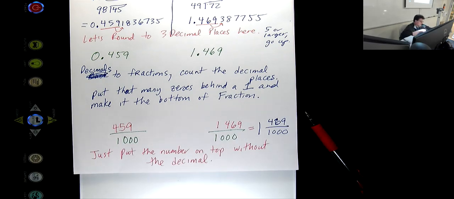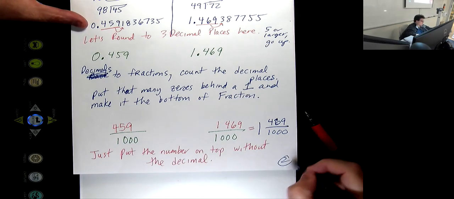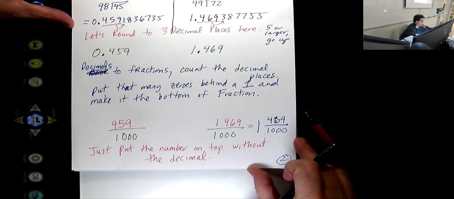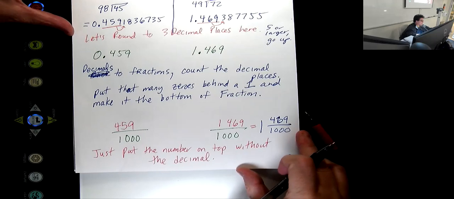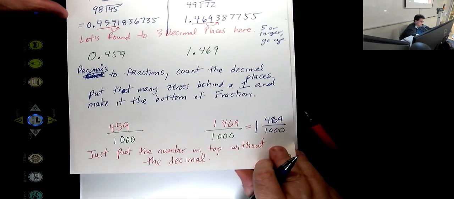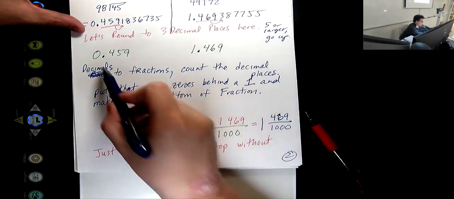This goes the other way. So sometimes going to a decimal is quicker without the calculator, because all I did was count the decimal places.